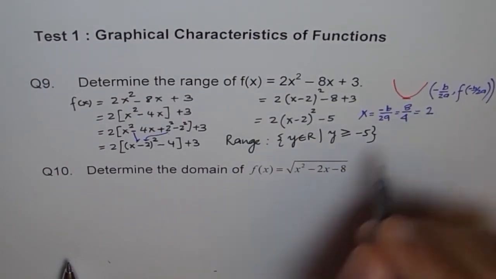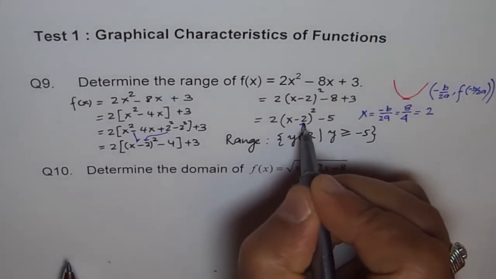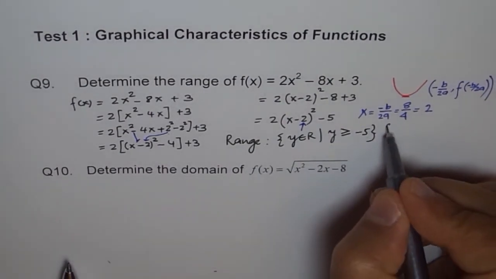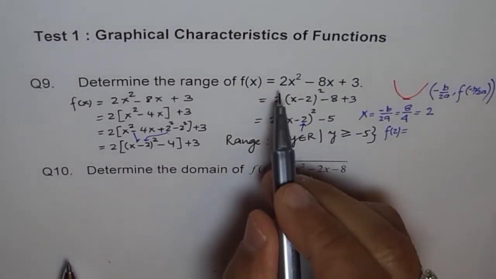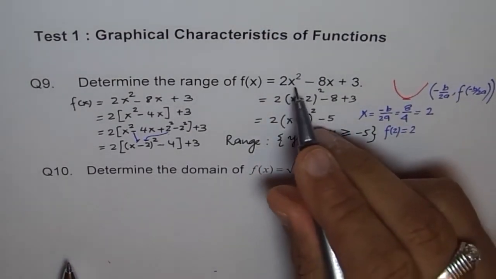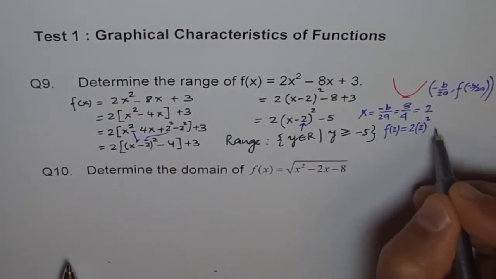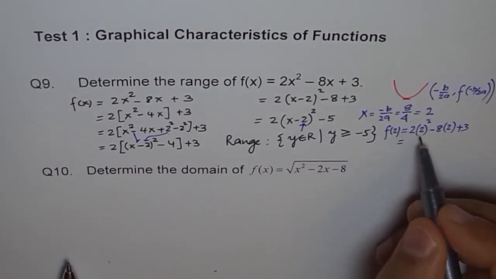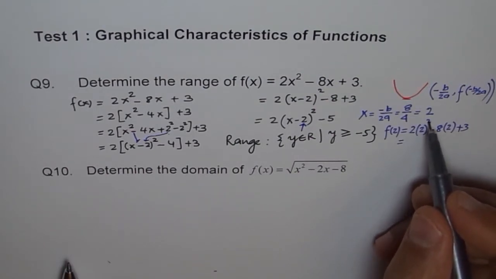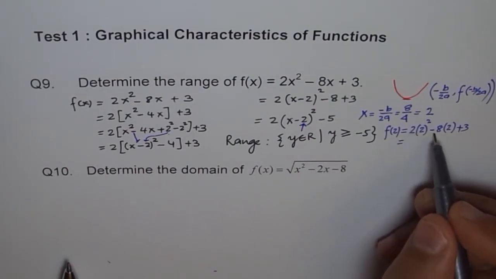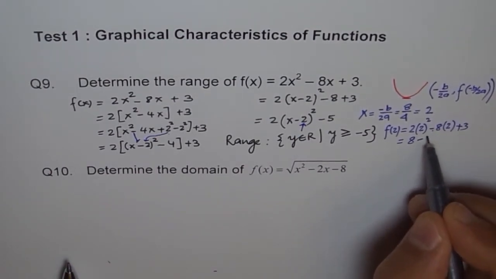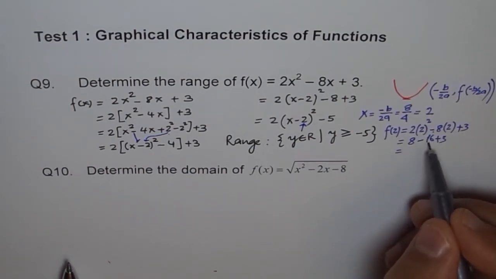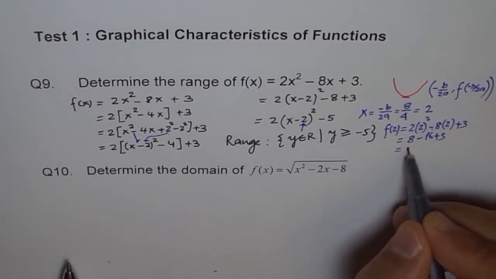Do you see? The vertex is at x equals 2, same value as 2. Now, what is f of 2? f of 2 equals 2 times 2 squared minus 8 times 2 plus 3. 2 times 2 squared is 8, then minus 16 plus 3, correct? 8 minus 16 is minus 8, and minus 8 plus 3 is minus 5.